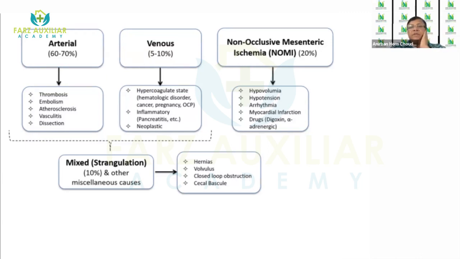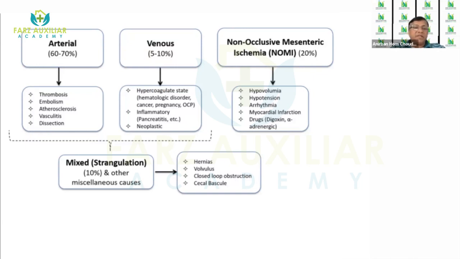Besides these two, there can be a third variant, which is called NOMI, or non-occlusive mesenteric ischemia. All the patients who present with shock in the ICU are vulnerable to non-occlusive mesenteric ischemia. This can be on account of hypovolemia, hypotension, arrhythmias, etc. So that is also another component of acute mesenteric ischemia.